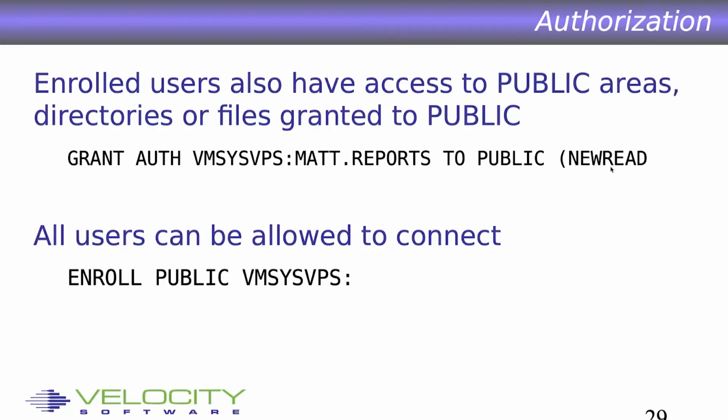New read means any existing file and any files added after the grant is issued. And anybody that is enrolled in the VMsys VPS file pool now has access to read the reports that Matt creates because it says public. So public means everyone. You don't have to do specific grants to users.